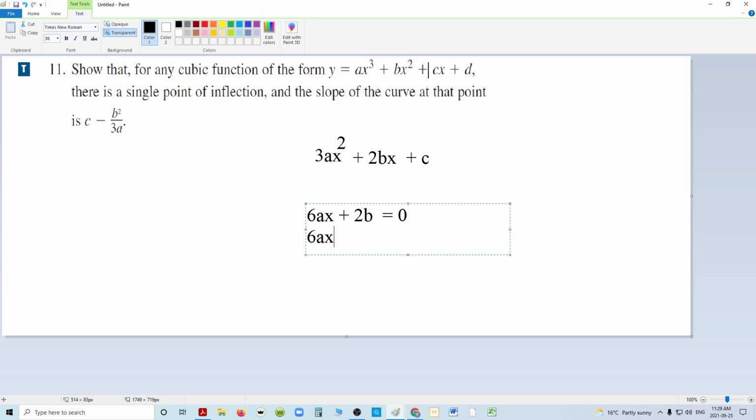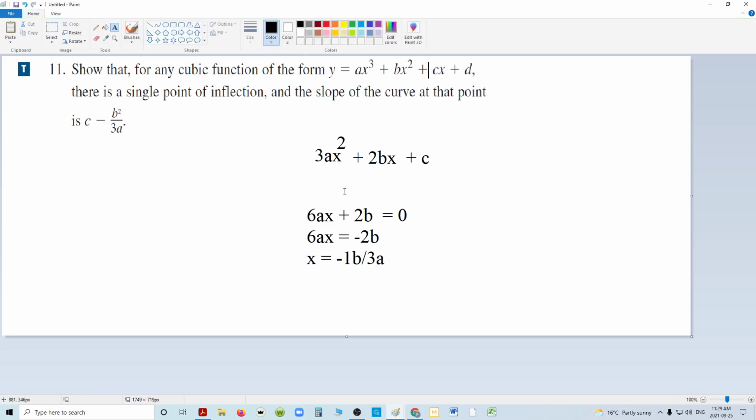And when you set that to 0, you get 6ax equals minus 2b, and we want the slope of the curve at that point. Oh yeah, so first I have to figure out what value of x I have. So that's the value of x at that point.